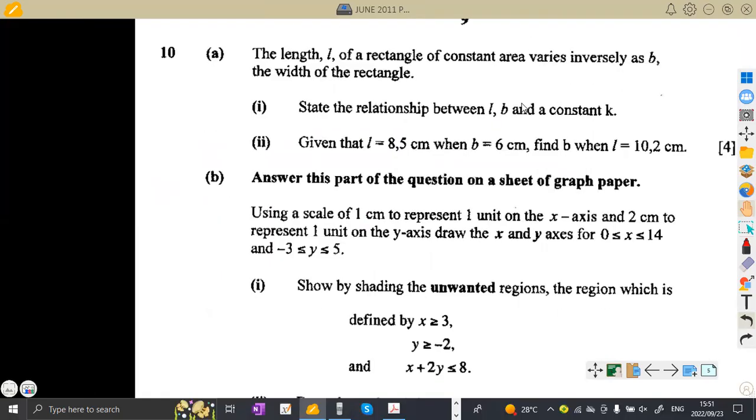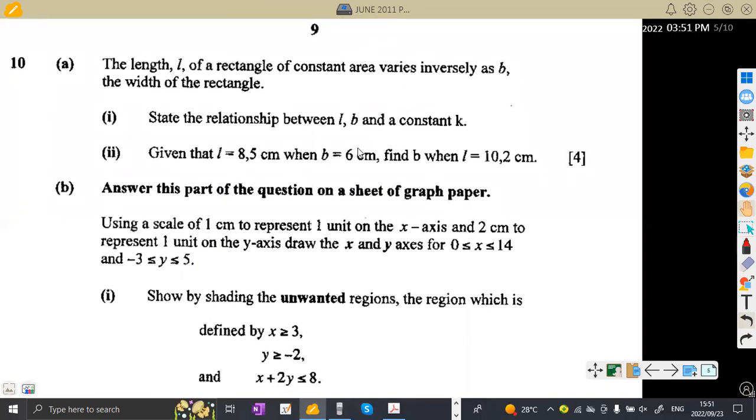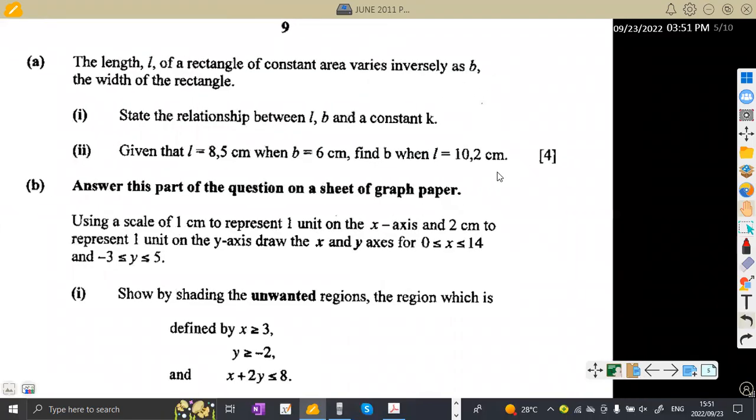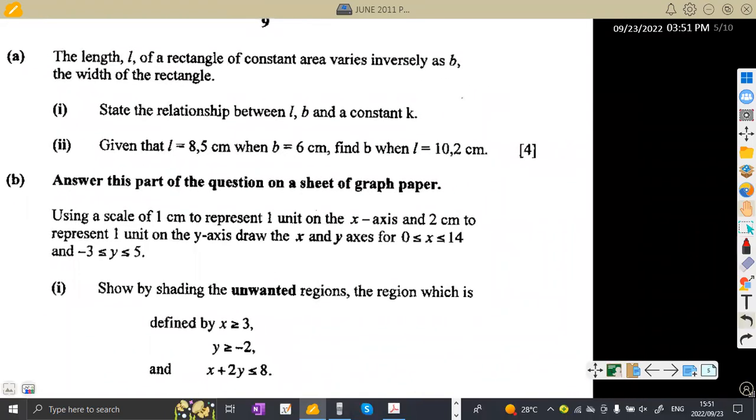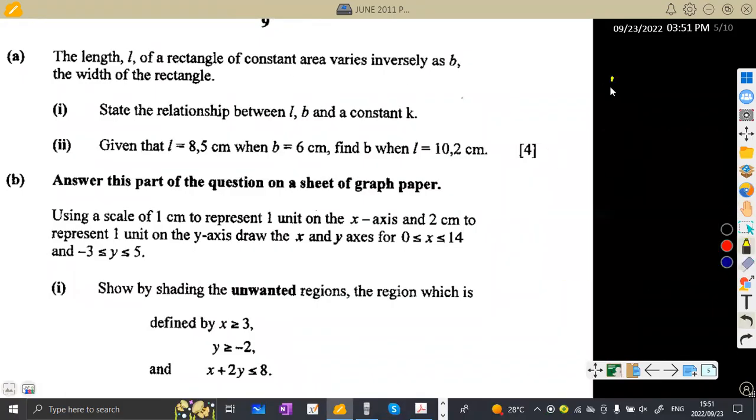Okay, so it varies inversely. So take note, guys, of what you're given. State the relationship between L, B and a constant K. Okay, so this is what you're going to do. Let us put it here. So we are given that the length of a rectangle, this is our item 1 here, varies inversely.